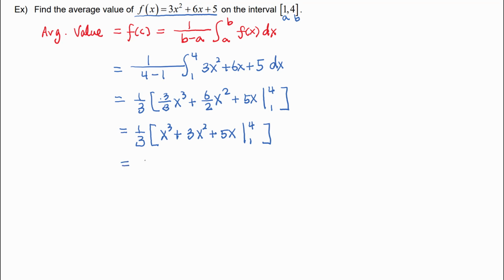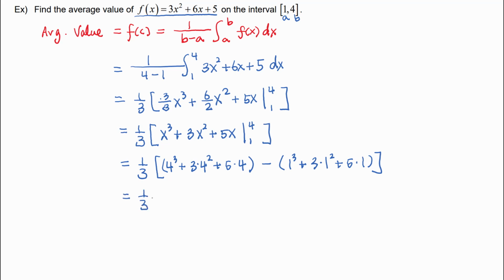And when you evaluate this, I have 1/3, and the upper limit, I get 4 cubed plus 3 times 4 squared plus 5 times 4. Subtract the lower limit, 1 cubed plus 3 times 1 squared plus 5 times 1. That is equal to 1/3.